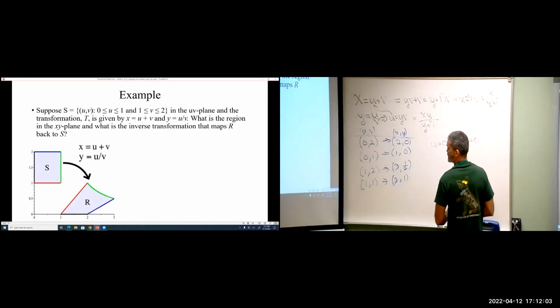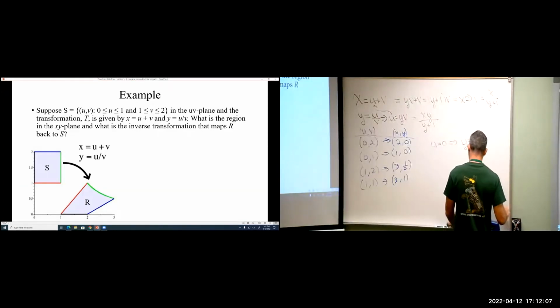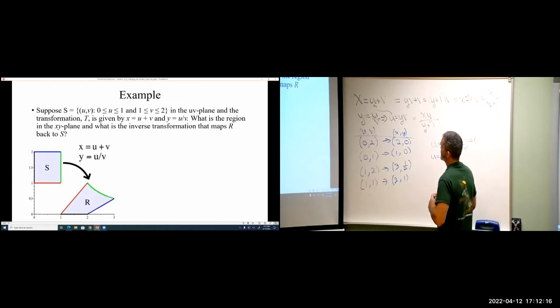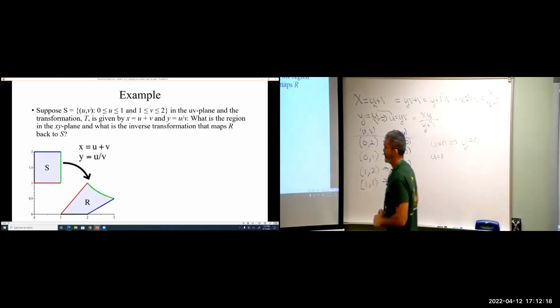Okay, let's stick with U. You're gonna have green. But the other option for U is U could be equal to 1. So when U is equal to 1, that's putting us on this green line. And V is going to go from 1 to 2.